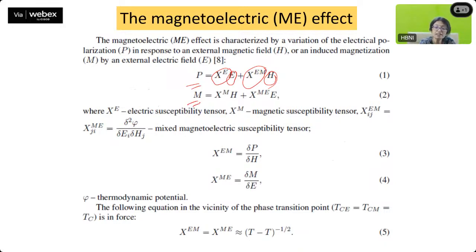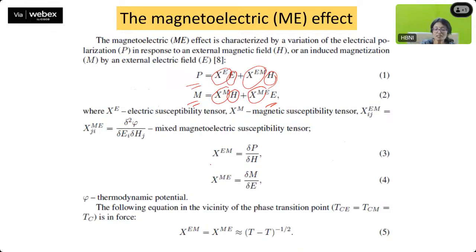Whereas for the magnetization part, it is the magnetic susceptibility tensor with the magnetic field, and on top of it you add the mixed magnetoelectric susceptibility tensor and the electric field. These are the two different equations which give you the magnetoelectric effect.